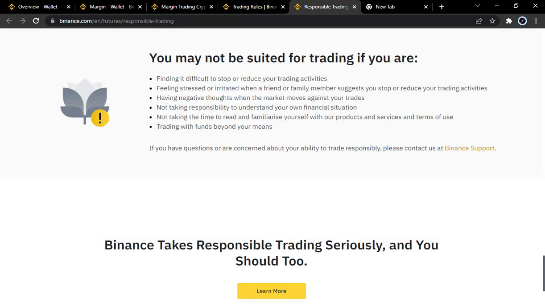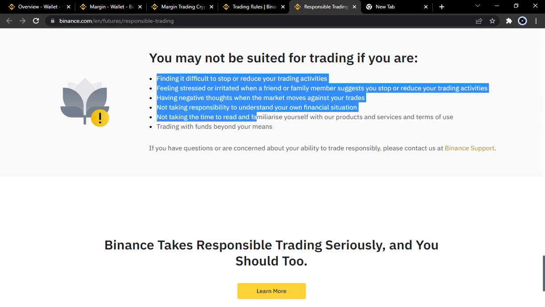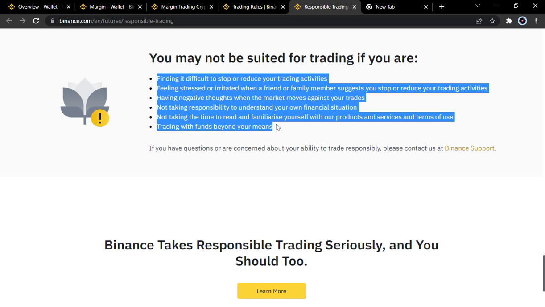You want to check if you may not be suited for trading. So you want to see some of the criteria that should determine if you're suitable for trading on the Binance platform or not. You may not be suitable for trading if you find it difficult to stop or reduce your trading activities, or feel stressed or irritated when a friend or family member suggests you stop trading or reduce your trading activities.